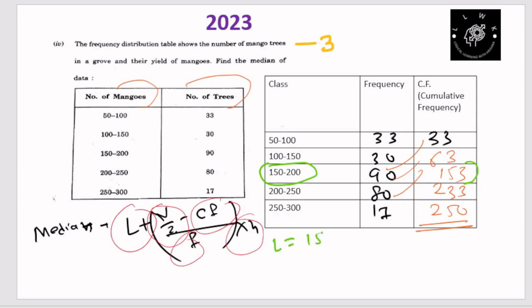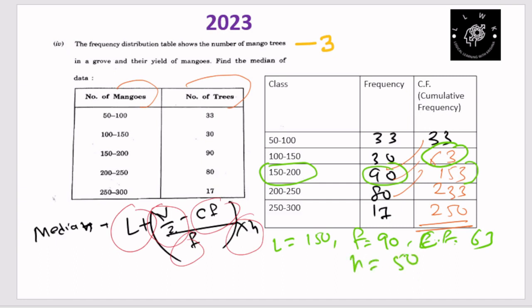So L becomes 150, and the frequency of that class is 90, so f becomes 90. The cumulative frequency of the previous class is 63, so CF will become 63, and h is the difference of the class, 150 to 200, so 50. h is nothing but 50.